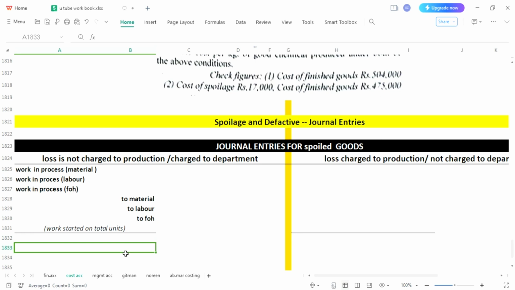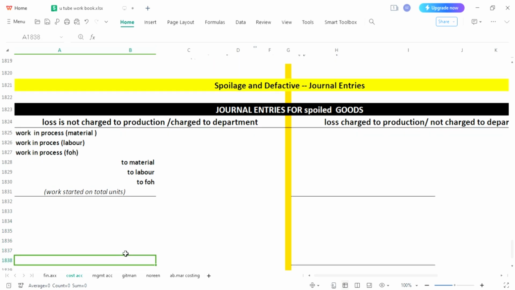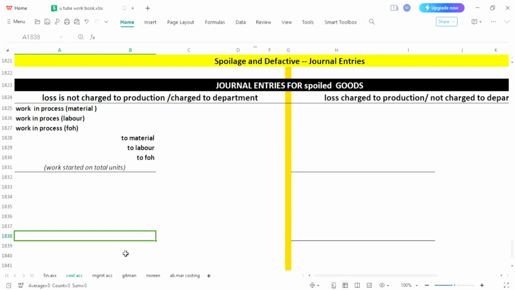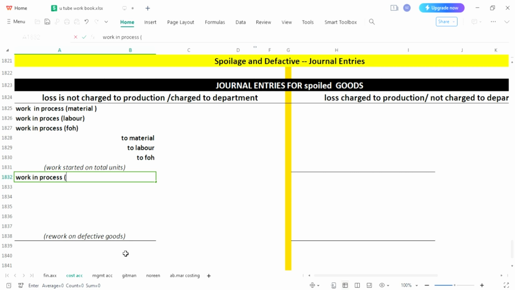Secondly, we will introduce here the entry for defective goods. So rework on defective goods would be the narration, and as you know, again work in process for material will be used for rework, additional material.